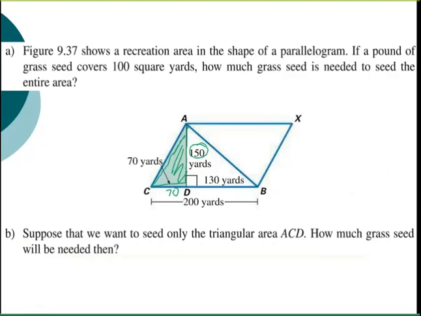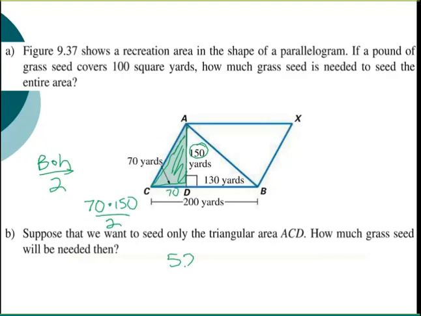So I use my formula that says you take your base times your height and divide that by 2. So we've got 70 times 150 and then divide that by 2. Typing that into our calculator, 70 times 150 is 10,500, and divide that by 2, we get 5,250.